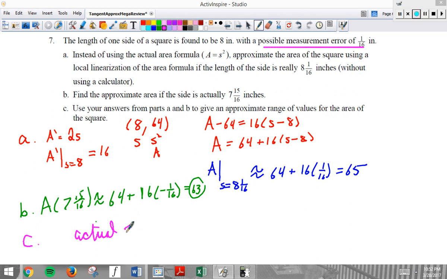The actual is between 65 and 63. That's all there is to it, because that's how off I could be. That means the maximum value of my measurement would have been 8 1/16, in which case the area would have been approximately 65. The minimum value of my measurement would have been 7 15/16, which would have been an area of 63, approximately.